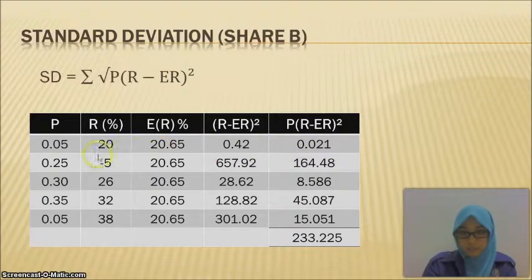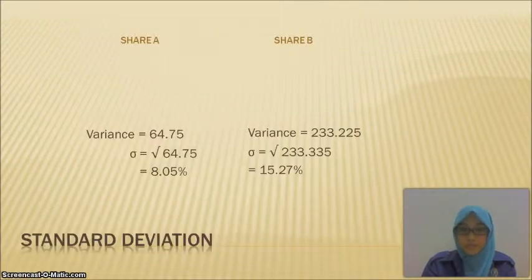Okay, the same for 0.25 probability, which is times with this answer 657.92, then we will get 164.48. Then after we get all the answers, we total sum all these answers, then we will get 233.225.